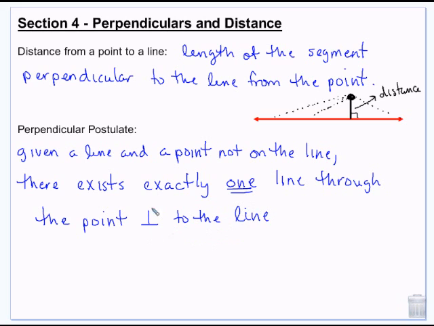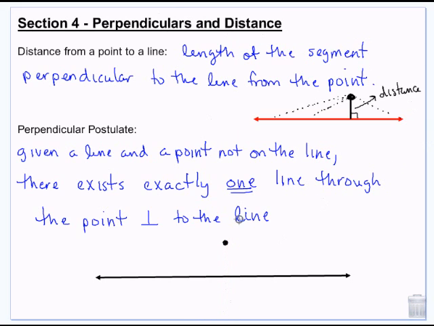Okay, this is a symbol for perpendicular. So if you're given a line and a point not on the line, so I've got some line here, and I've got some point here. There's only going to be one line that goes through this point and through this line that is perpendicular.